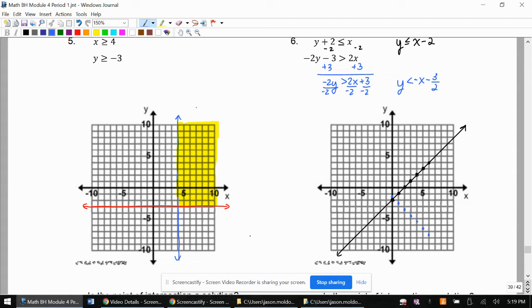And this one is dashed. And this one's also below. So we'll be shading right in that part.